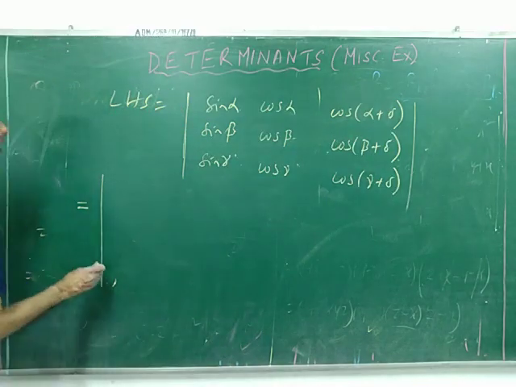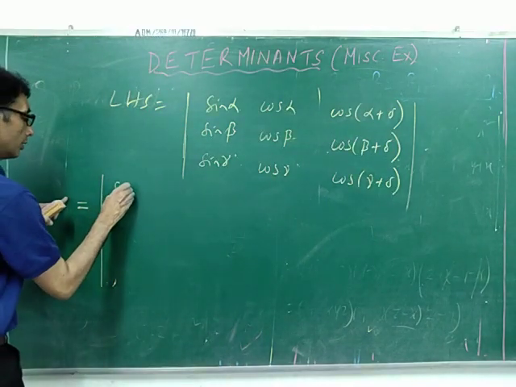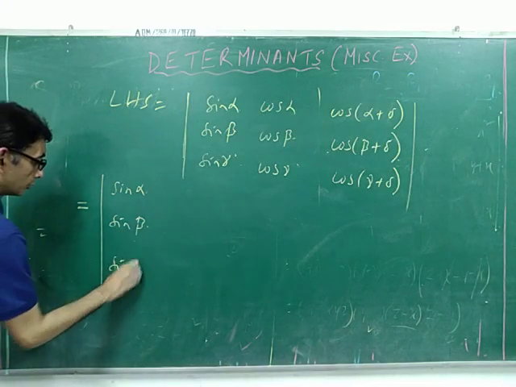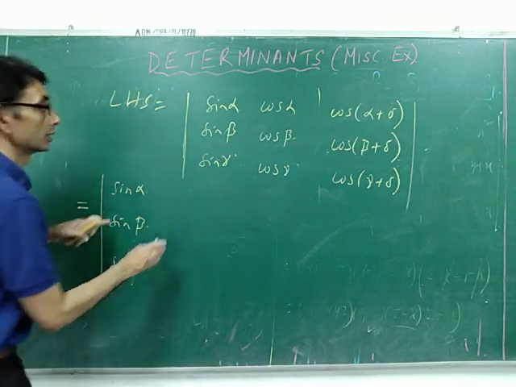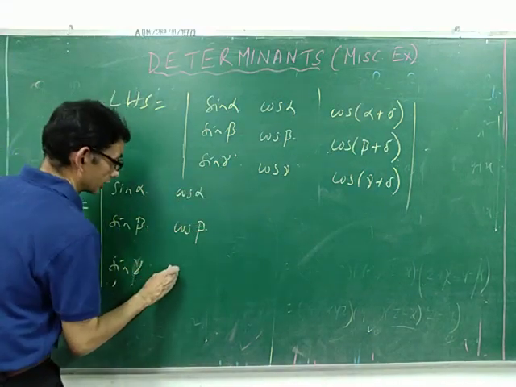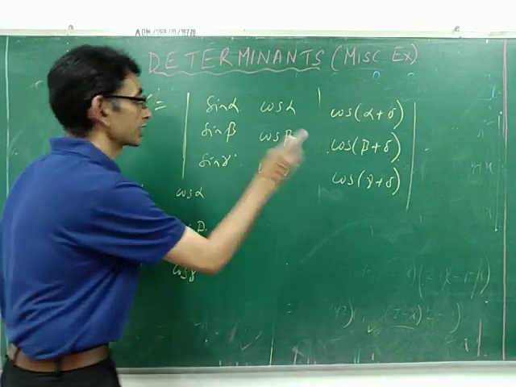So the first row will be sin alpha, sin beta, sin gamma. The second row is cos alpha, cos beta, cos gamma. Then we'll expand this.